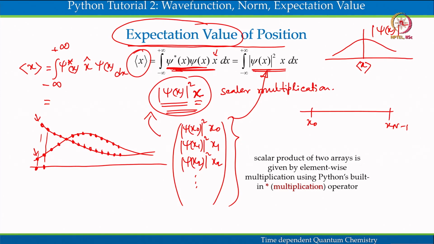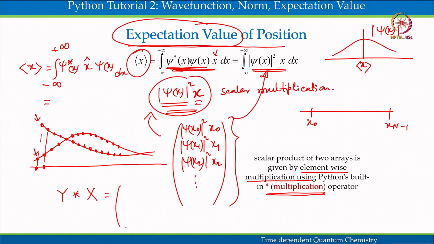But the question is, in Python programming, the scalar product of two arrays is given by element-wise multiplication, and element-wise multiplication can be done by just the multiplication operator, which is available in Python's built-in library. If I have a Y array and an X array and I multiply them, what will happen?